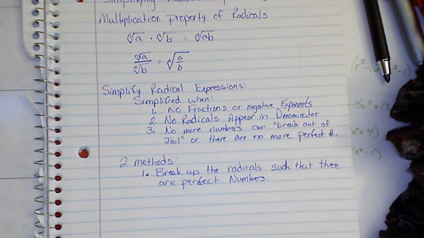When you factor the number, or break up the radical so that you have perfect numbers under the radical to simplify, the rest of it is already simplified, like square root of 3 cannot be simplified any further.